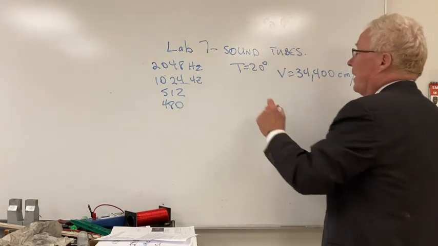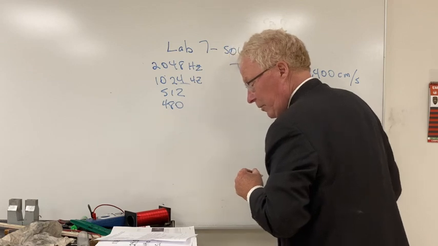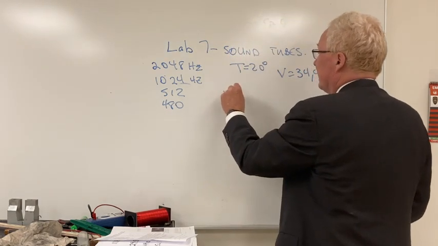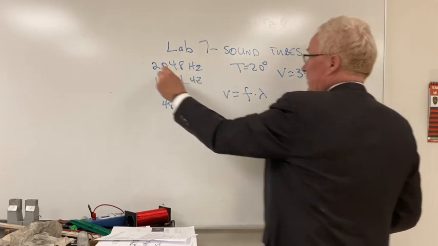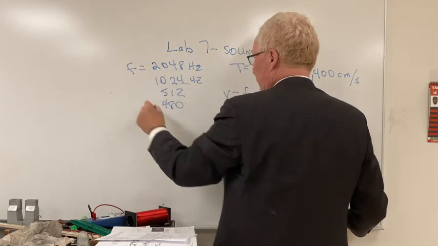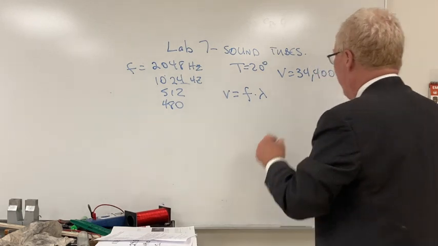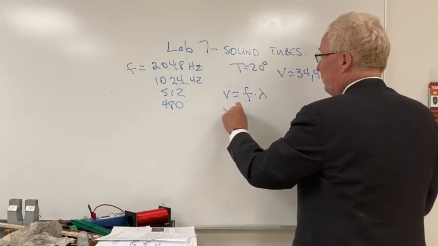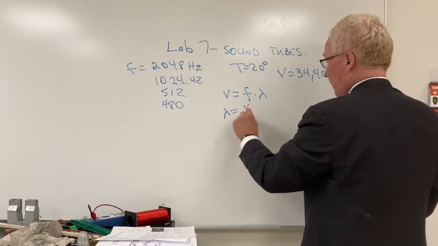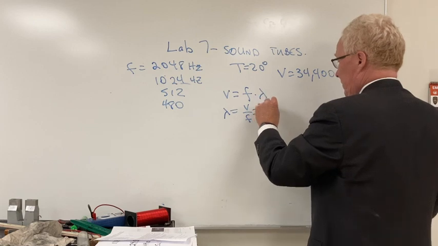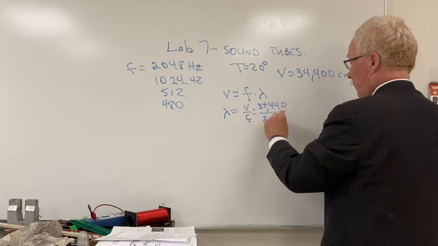All right, and then the relationship between frequency and wavelength is speed equals frequency times wavelength. So these are all the frequencies, 1, 2, 3, 4. And so we can calculate what the wavelength would be. The example for the first one would be speed over frequency, which would be 34,400 over 2048.